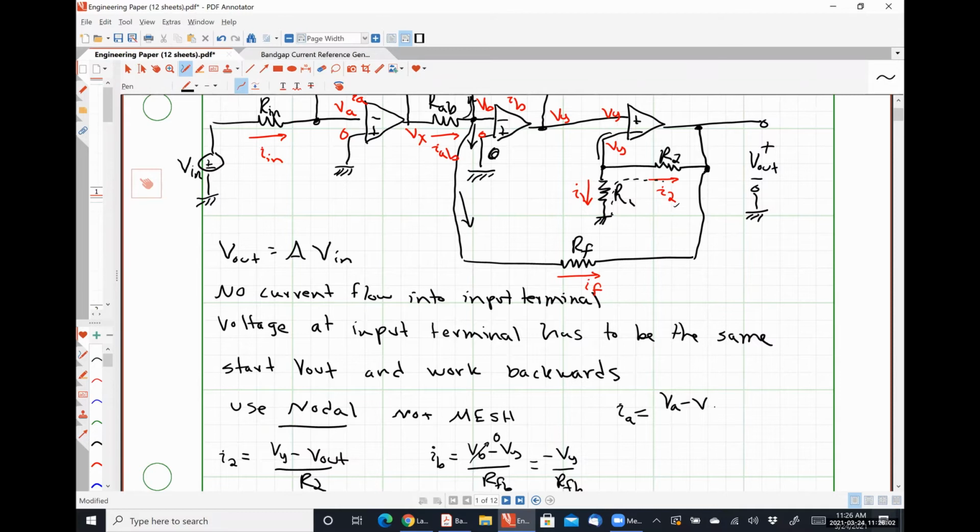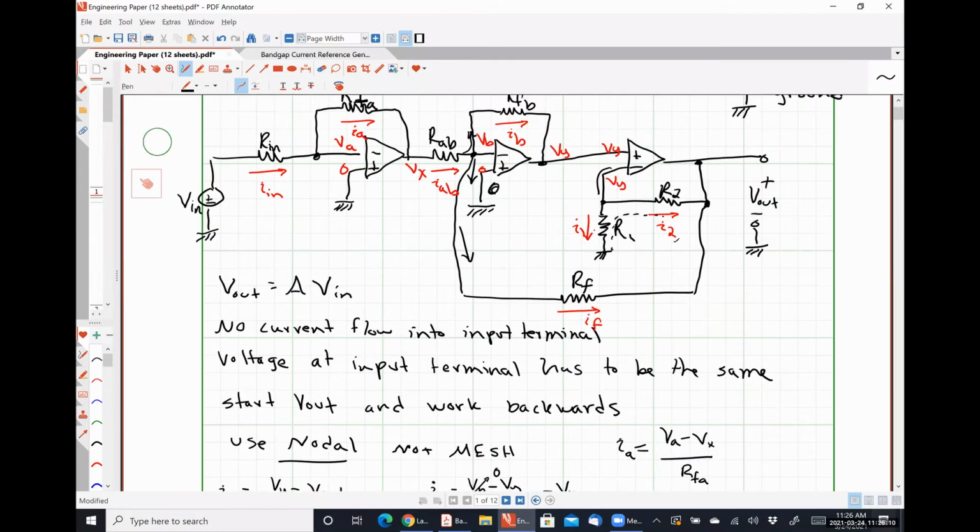Now, VA is 0, same reason that VB was 0. It's grounded right here, which means VA has to be 0. So we'll put the 0 right there, and we get IA equals negative VX over RFA.